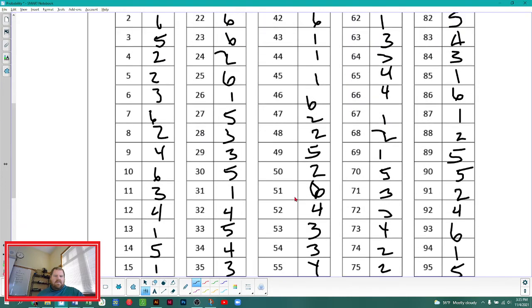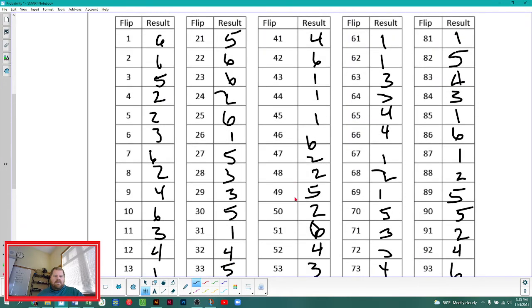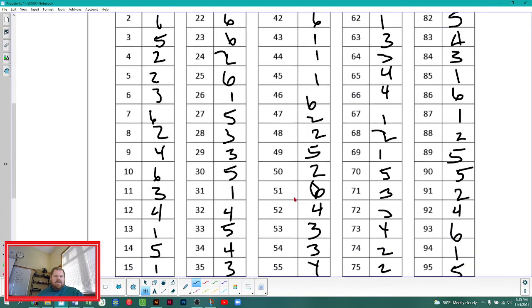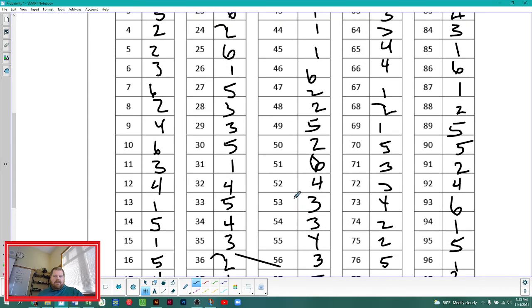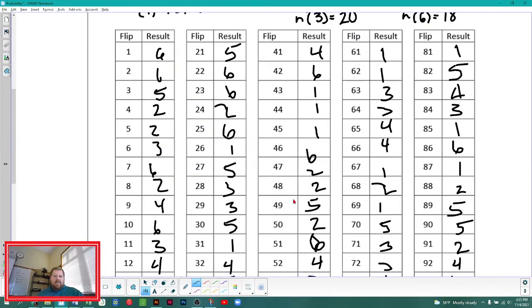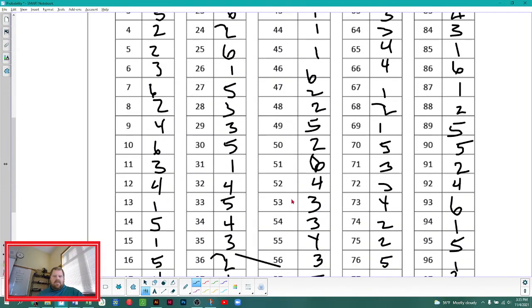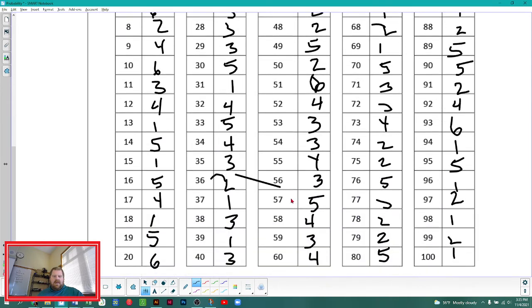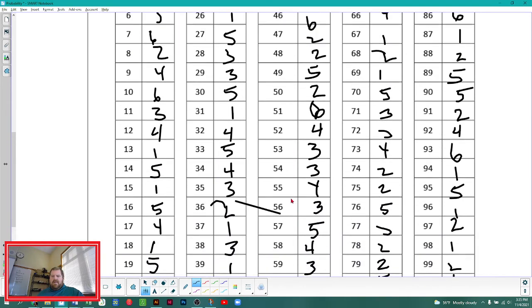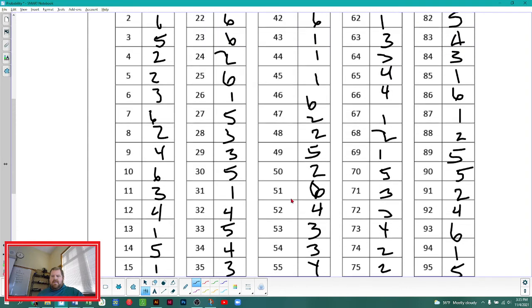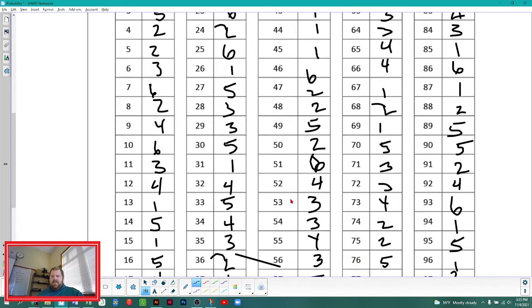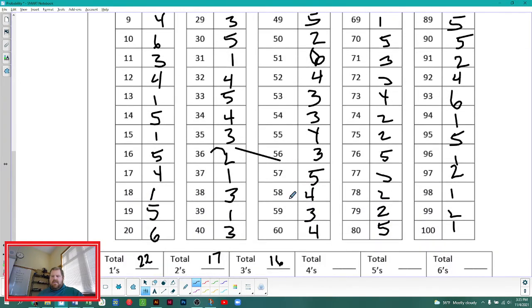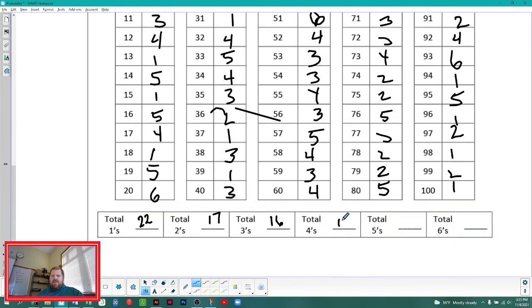Fours. Let's see, 1, 2, 3, 4, 5, 6, 7, 8, 9, 10, 11, 12, 13, 14, 15. It's like 15 fours.